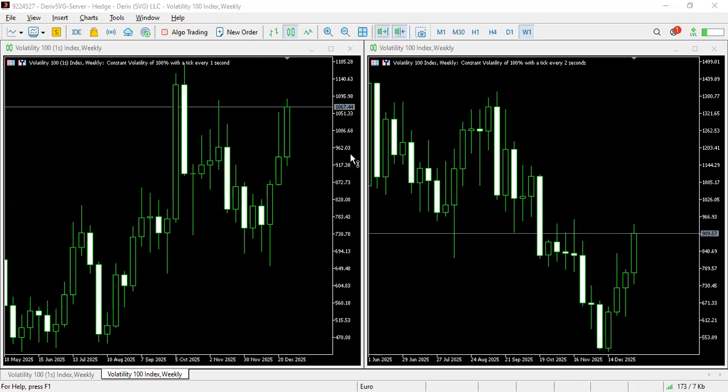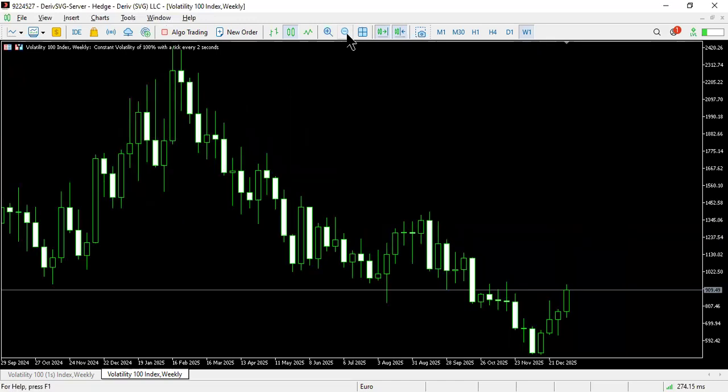So let us begin. We are beginning with VIX 100. Okay, if we are to zoom in, we can clearly see that we have our supply zone right there.